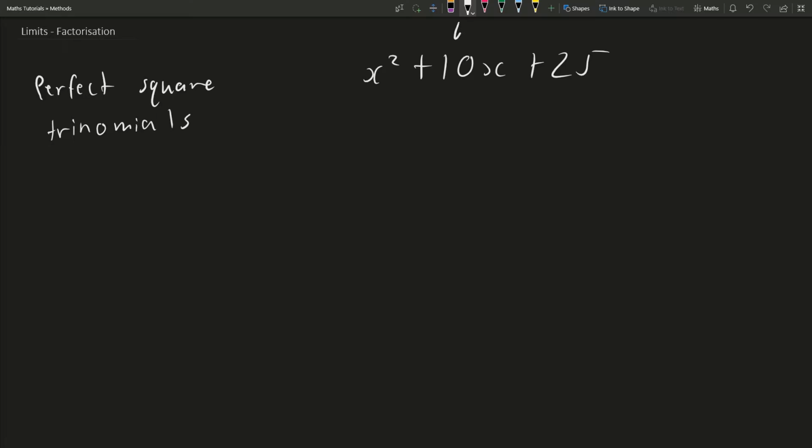You're going to look to B here and see, when you halve it, is it the square root of C? So in this case, half of 10 is equal to 5, and we know that 5 is equal to the square root of 25, which is C. Therefore, we can write this out as x plus 5 squared.